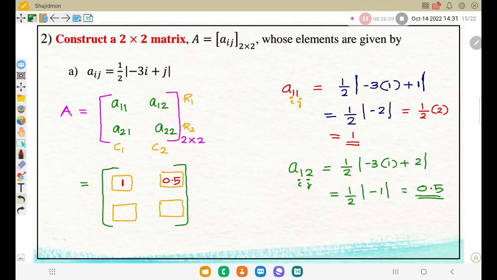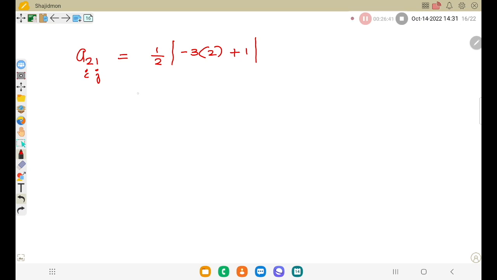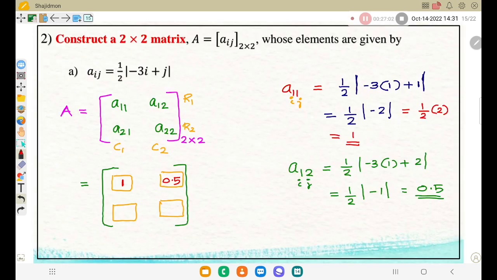Minus 3i plus j, half multiplied. So equals half multiplied by absolute of minus 3 multiplied by 2, which means minus 6. Minus 6 plus 1 means minus 5. So minus 5 absolute is 5. Remove the negative sign. 5 by 2 means 2.5. So the third number here is 2.5.